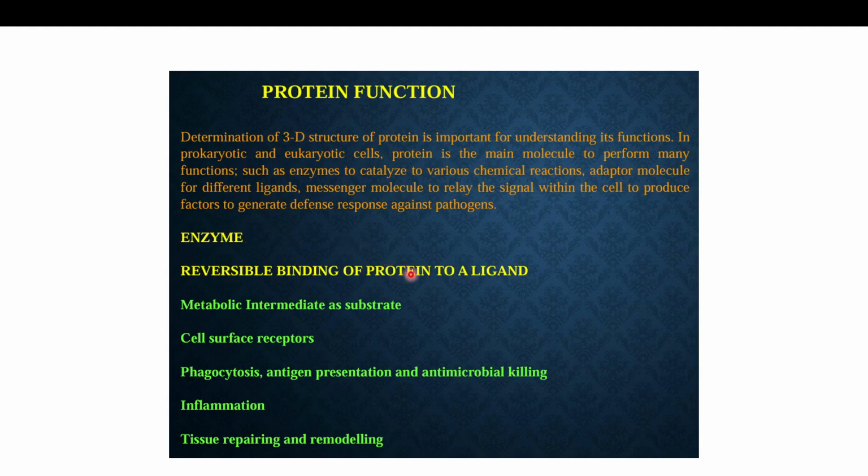They show reversible binding to ligands, metabolic intermediates, or substrates. They can act as cell surface receptors. We have been talking about receptors like glucose receptors in the previous session. Phagocytosis, antigen presentation, antimicrobial killing, inflammatory responses, tissue repair and remodeling. Everywhere, proteins are really important for performing all these functions.